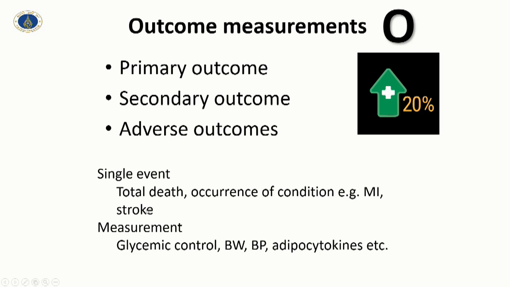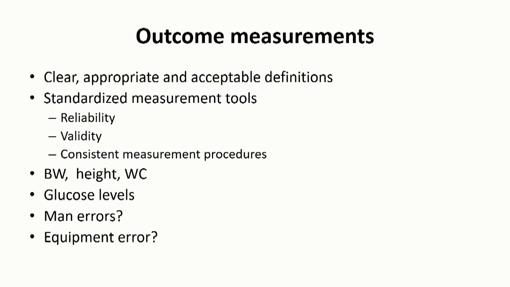I'll give you examples of single outcomes: total death, occurrence of the disease, or in the case of obesity, you measure body weight, glucose homeostasis, blood pressure, cells, or enzymes, or improvement of your running time. Other things you have to think about for outcome measurements: you have to have a clear, appropriate, acceptable definition of the outcome that you want to measure.